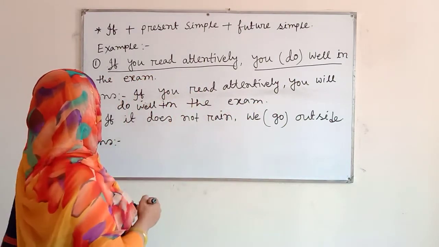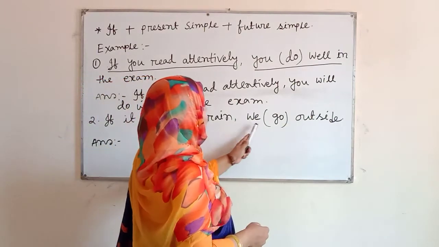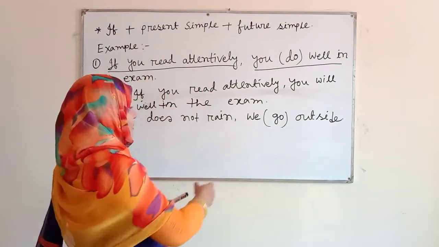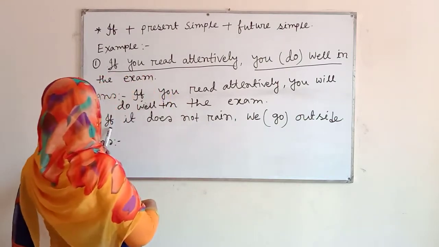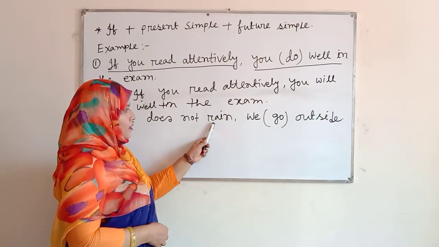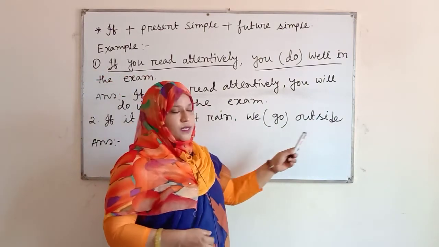Here is another example. If it does not rain, we go outside. গোটা ব্র্যাকেটে আছে, আমাদের গোটাকে রাইট ফর্মে লিখতে হবে. Here also this part is in present simple, so this portion will be in future simple.